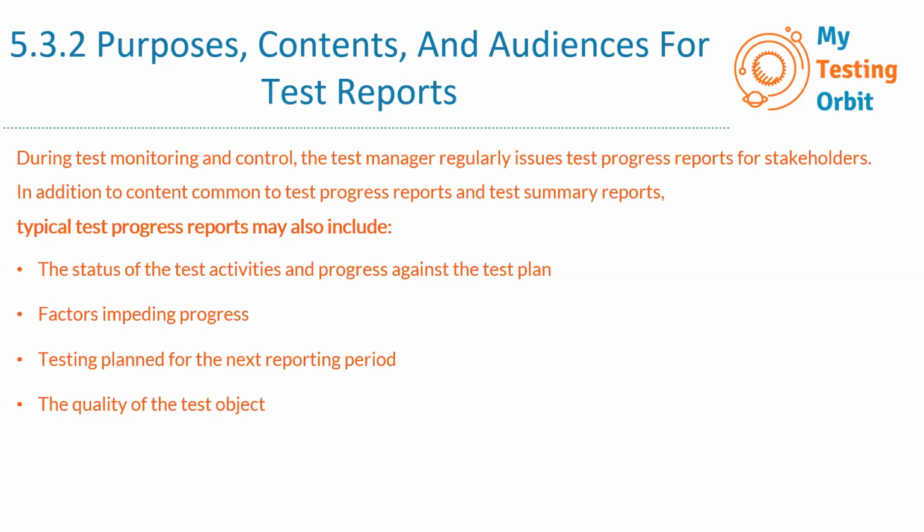In addition to content common to test progress reports and test summary reports, typical test progress reports may also include the status of the test activities and progress against the test plan, factors impeding progress, so factors which are affecting or slowing down the progress of the project, testing planned for the next reporting period, and also the quality of the test object.